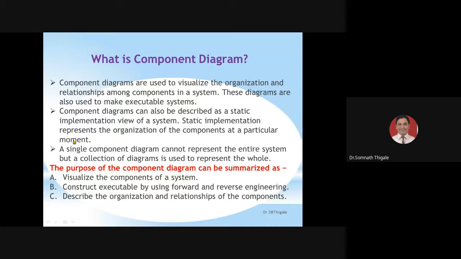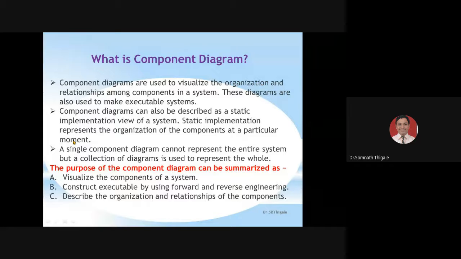The second part is to construct executables by using forward and reverse engineering methods. In the previous lecture, we saw the concept of forward engineering. Forward engineering means you have a class diagram and you convert the class diagram into executable code. That I am calling the concept of forward engineering.